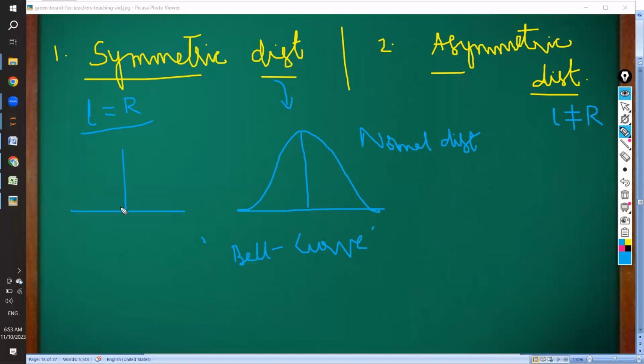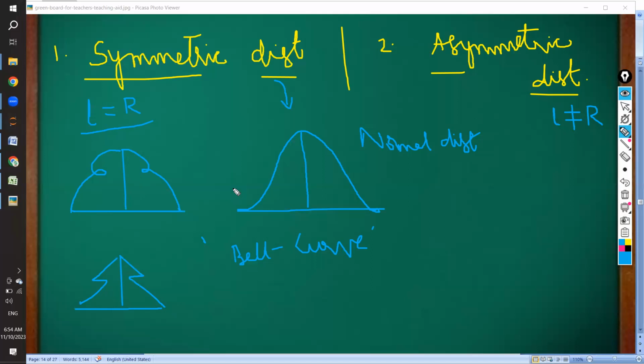If I have this distribution, this is also symmetric, because left side is equal to right side. If I have some other distribution, this is also symmetric. The mirror images of each other are the same, then it is symmetric. If they're not the same, then they're asymmetric.